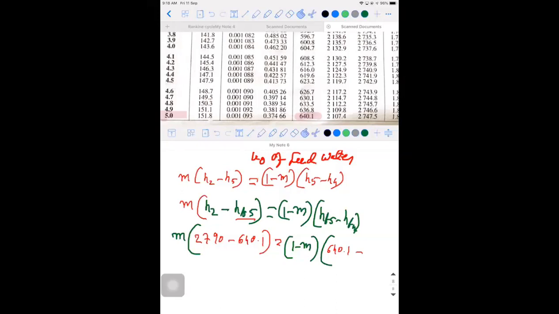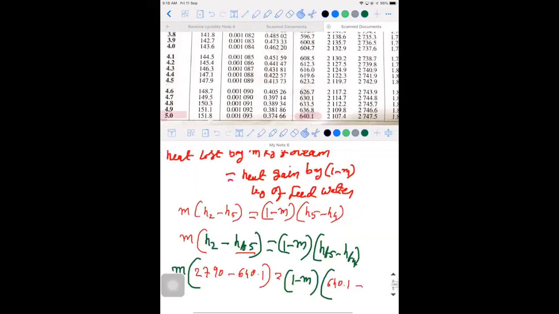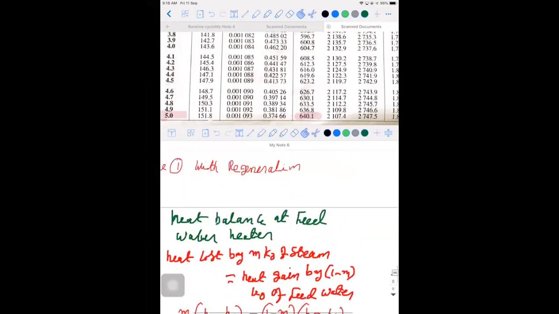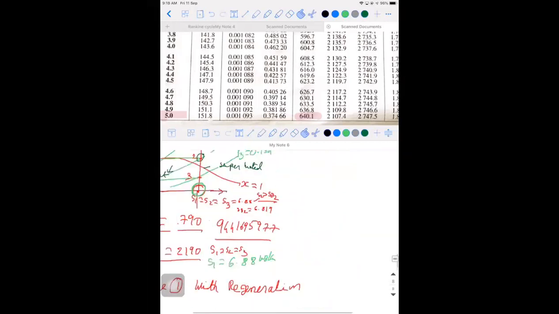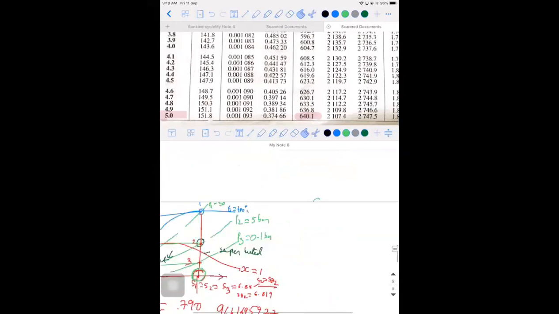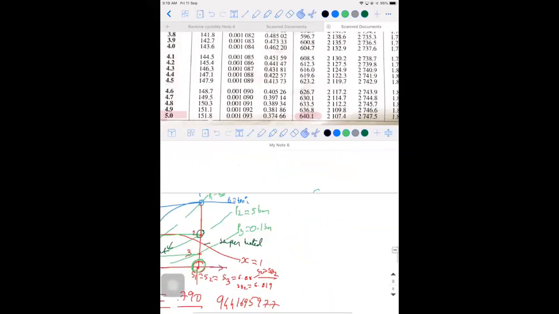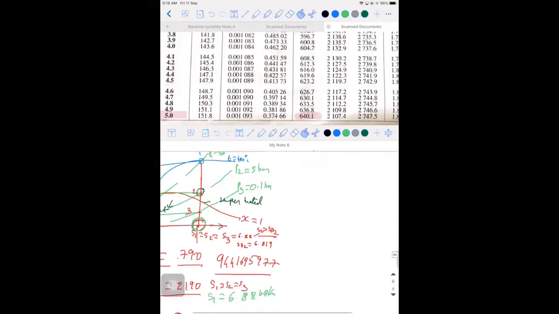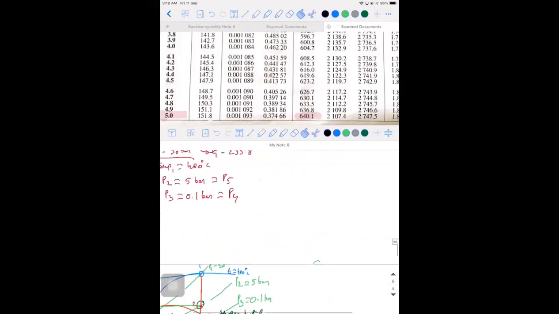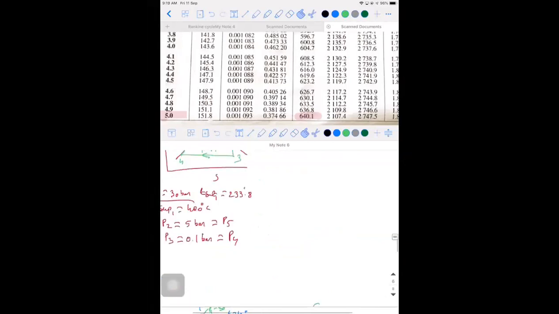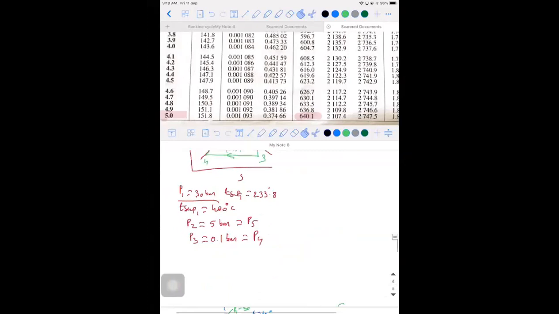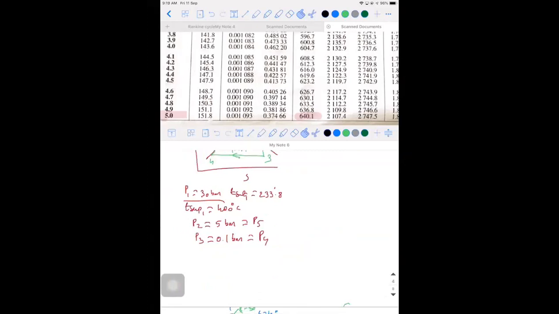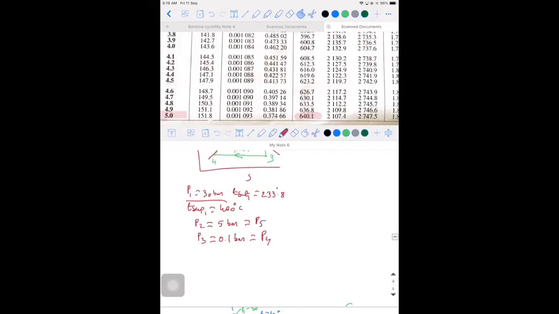You are aware that P3 is equal to P4 is equal to 0.1 bar.